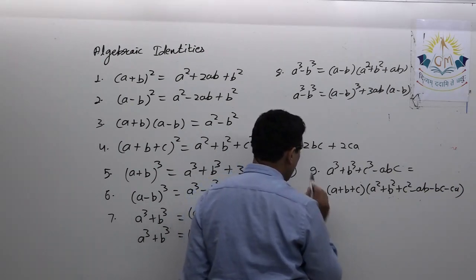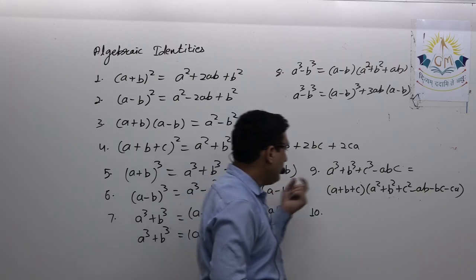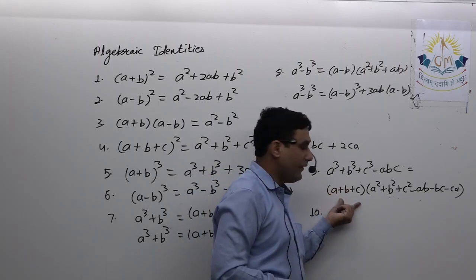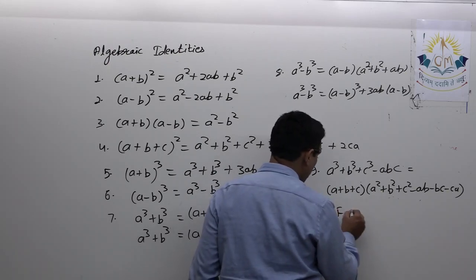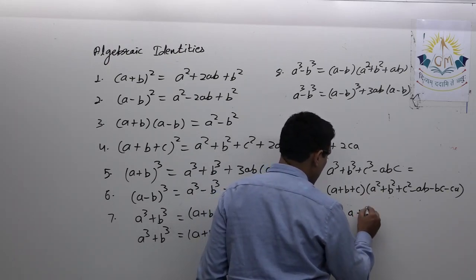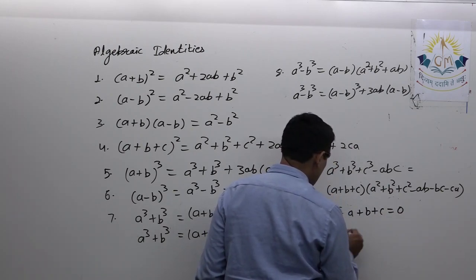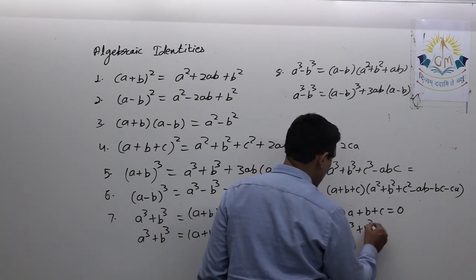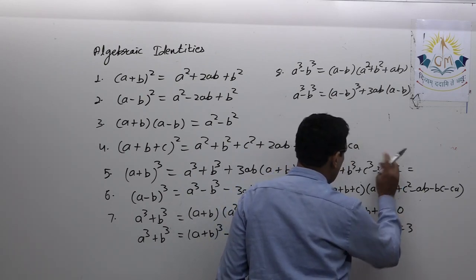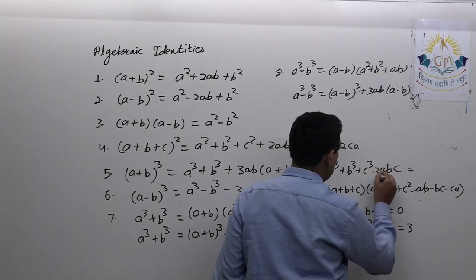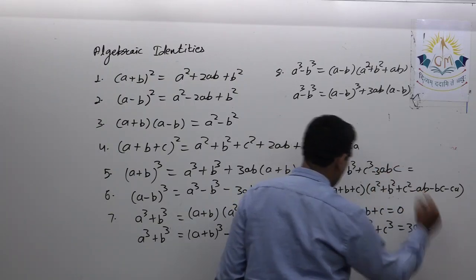Now, 10th identity, that is known as conditional identity. That means in the ninth identity, if I make a plus b plus c equal to 0, then a cube plus b cube plus c cube is equal to 3abc.